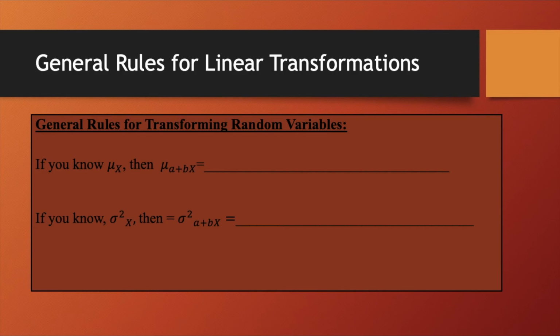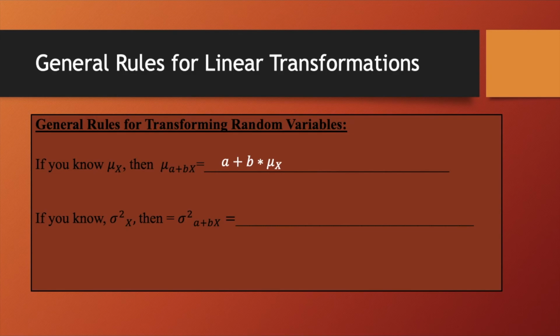Now we have some general rules for transforming random variables. If you know the mean of the original value, but you have a new value where you added a constant a and multiplied by a constant b, then the new mean is going to be added by that same constant and multiplied by that same constant.